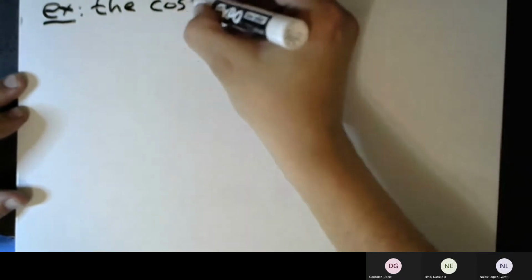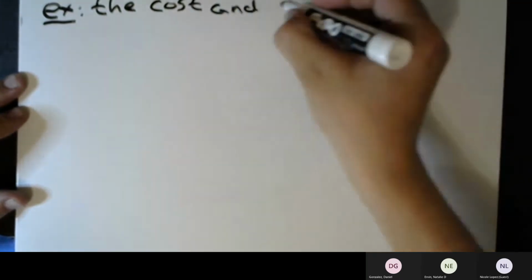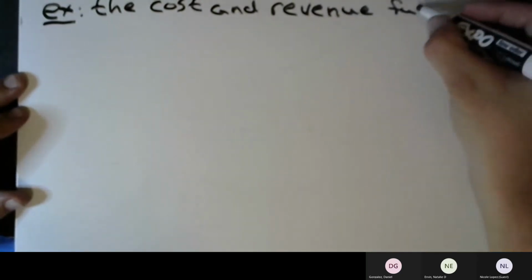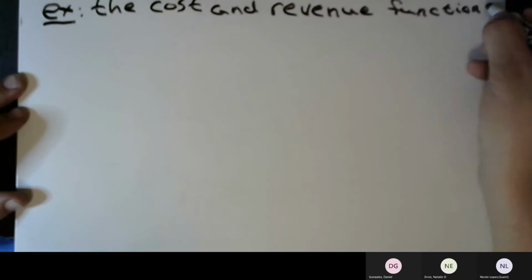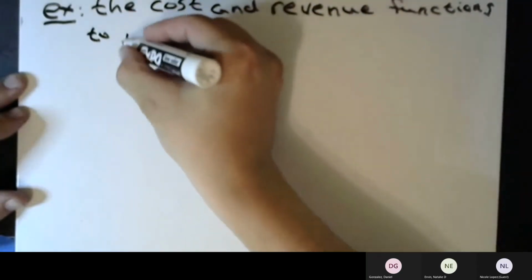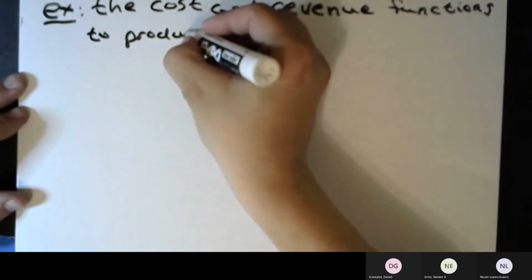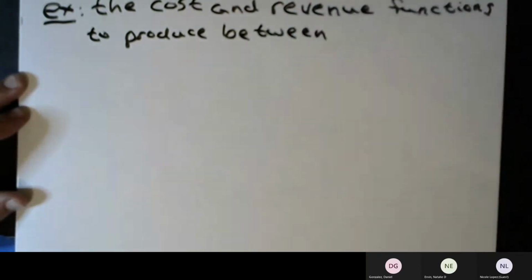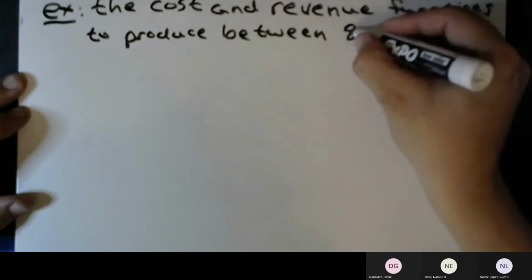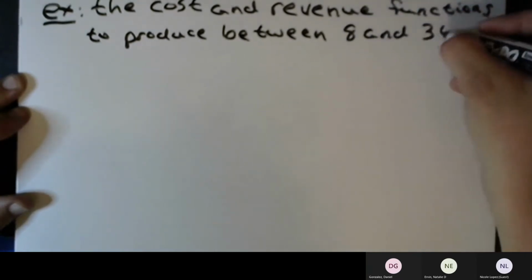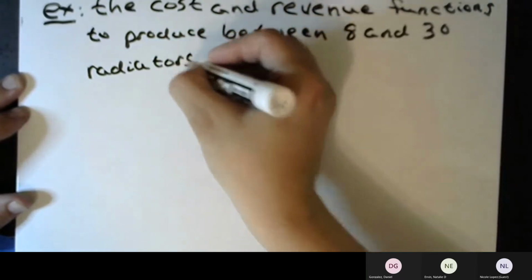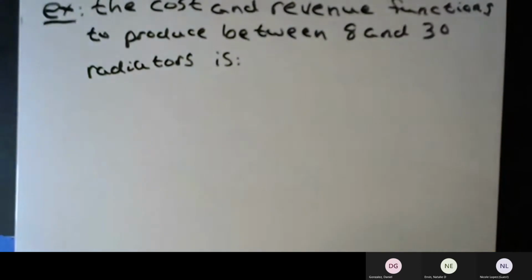The cost and revenue functions to produce between 8 and 30 radiators is... Now this might be a strange thing to say, that they produce between 8 and 30 radiators.